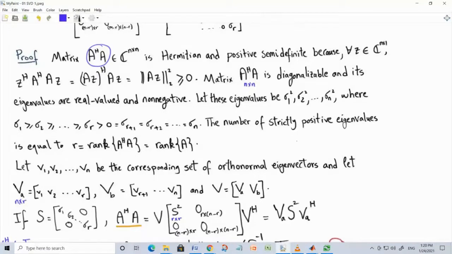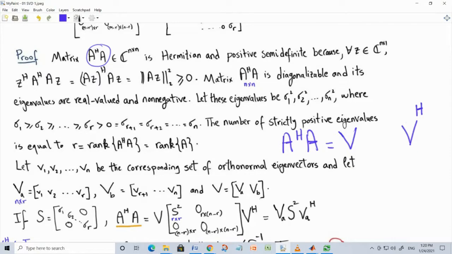Okay, so you take A Hermitian A, and you do its Eigen decomposition. So basically what you get is the unitary matrix of eigenvectors. We'll call this V. And on the other side, you will put the inverse of V, and because V is unitary, you will have here V Hermitian.